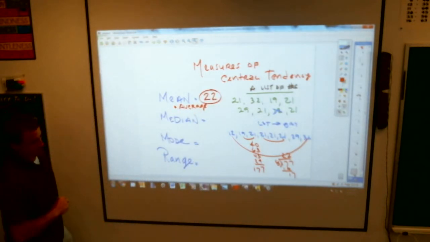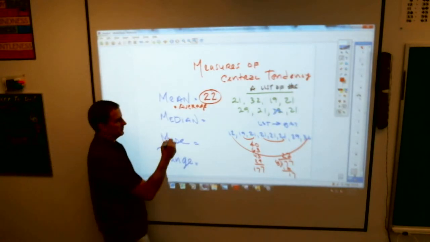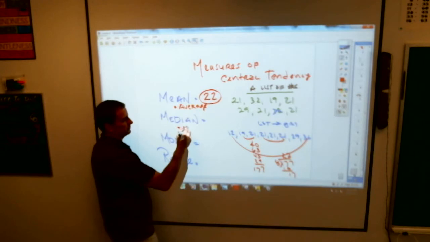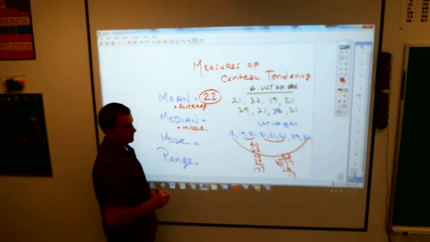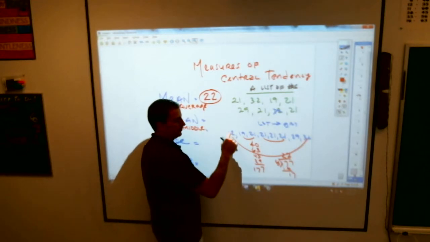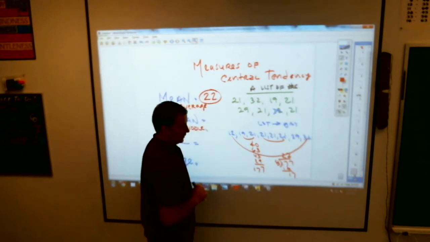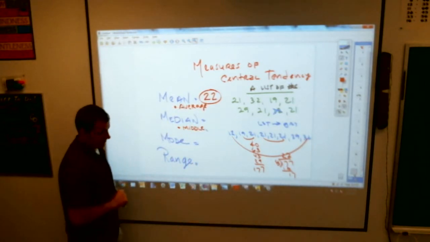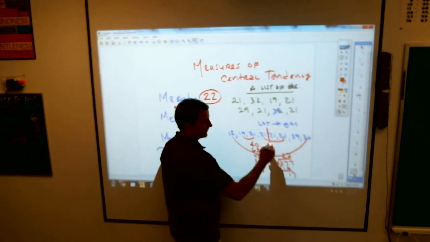The median is, anybody know? Median is the middle number. But they have to be arranged from smallest to greatest. How many numbers do I have here? 1, 2, 3, 4, 5, 6, 7, 8. Where is the middle of 8? The middle falls right between the 4th and 5th number.